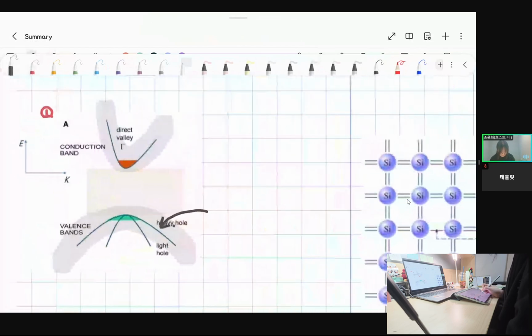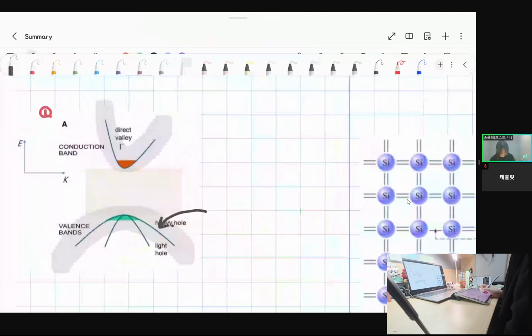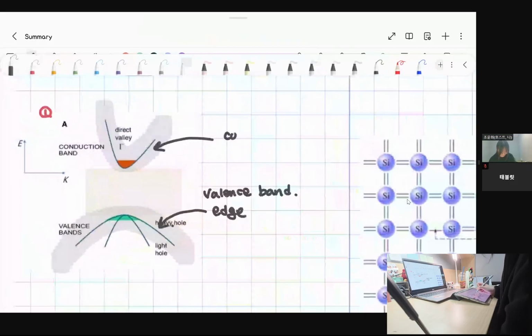That line is the valence band edge, which is the top energy level of the valence band, and that line is the conduction band edge, which is the lowest level of the conduction band.